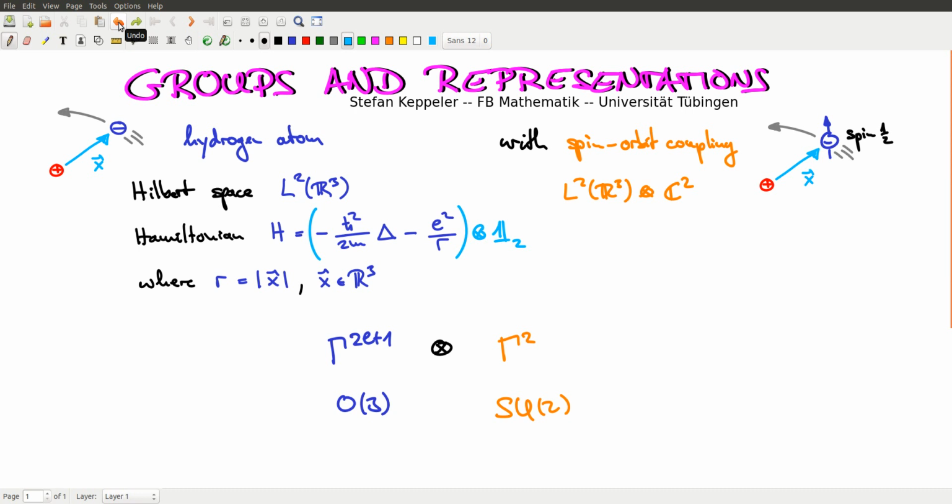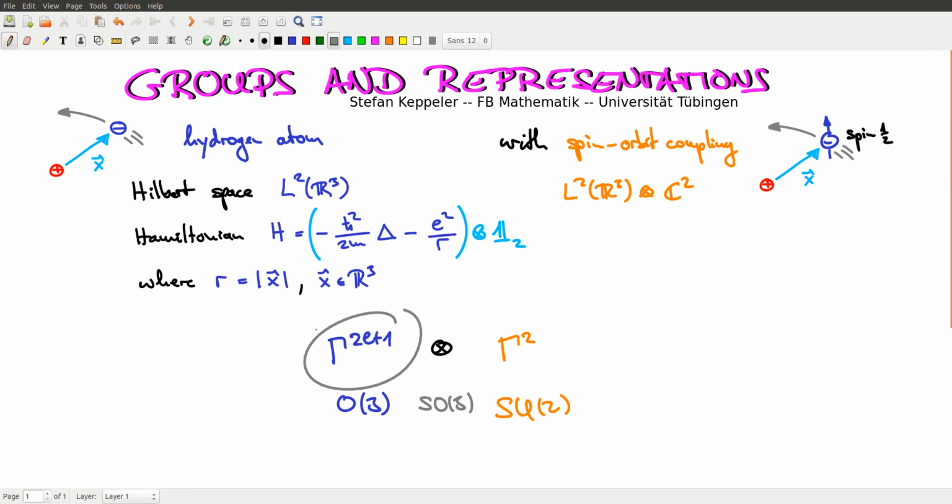Well, actually what's going on here, and I'll be a bit sketchy, is that this O3 incorporates rotations and reflections, and when we think about only the rotations, then we would speak about SO3. So actually there are SO3 irreps here, these 2L plus one-dimensional irreps.